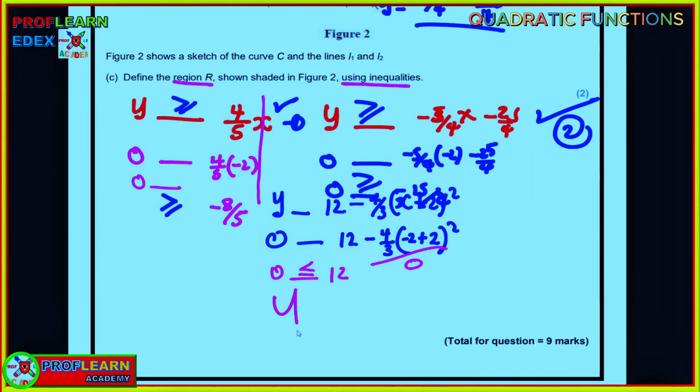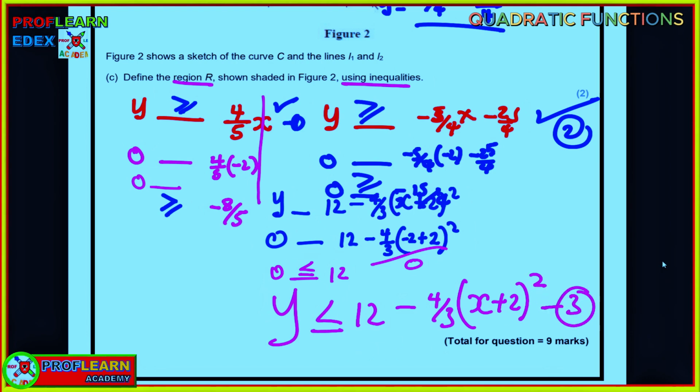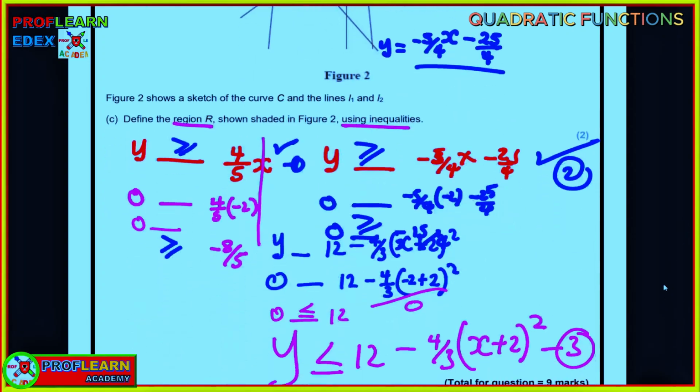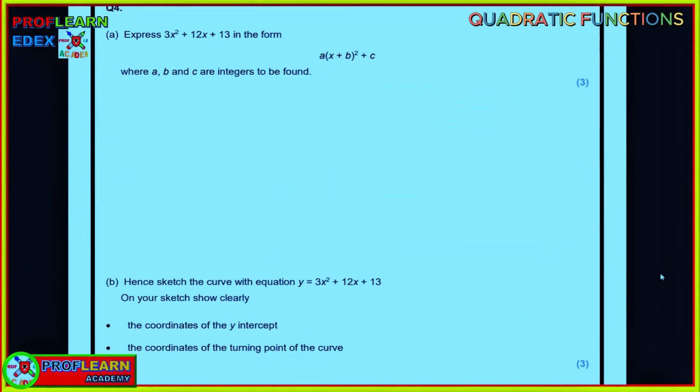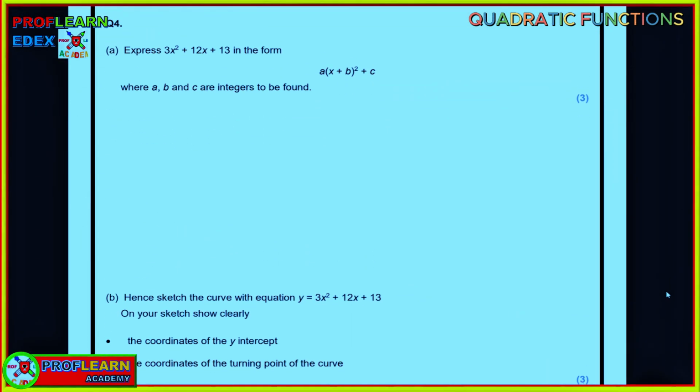The inequality is y is less than or equal to 12 minus 4 over 3 into x plus 2 squared. So this is also the third inequality. So those are the inequalities we were supposed to get in that question.